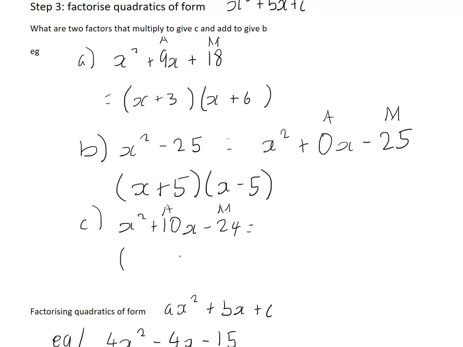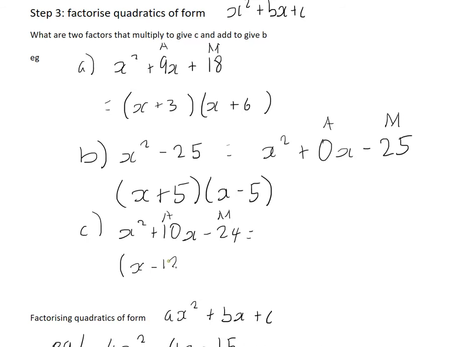Well, negative 12 and positive 2. Negative 12 times 2 is equal to negative 24, and negative 12 plus 2 is equal to 10. So you've got x minus 12 and x plus 2. And if you expand that back out, that's always how you can check to see whether it did work.